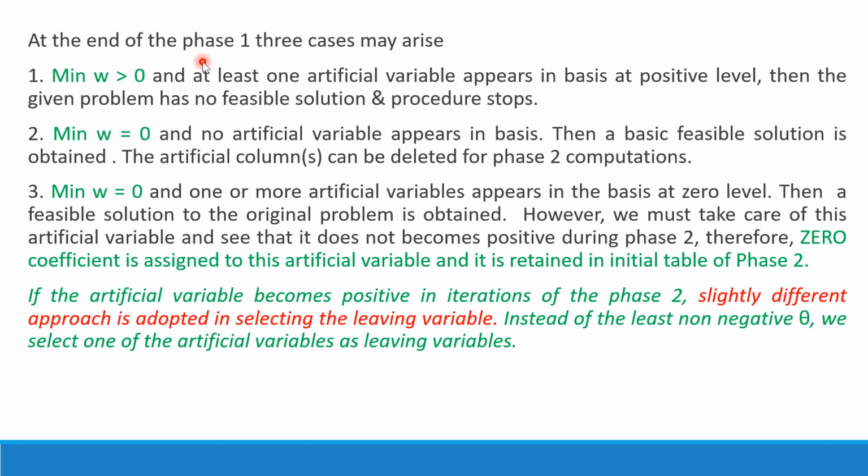All of you know that we perform the two-phase method in two different stages, or phases. Phase 1 consists of converting your objective function into an auxiliary objective function, the summation of all the artificial variables, and then you solve the problem using this new objective function and the old constraints.